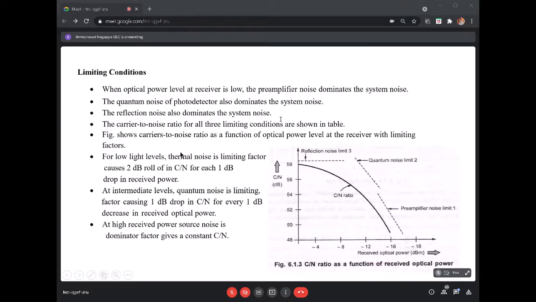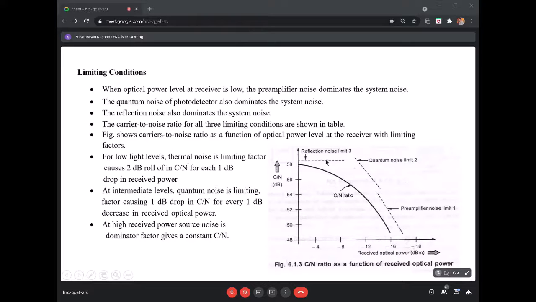The table is with respect to the transmitter value and the receiver value. Here this figure shows the carrier to noise ratio as a function of optical power, with the limiting factors.